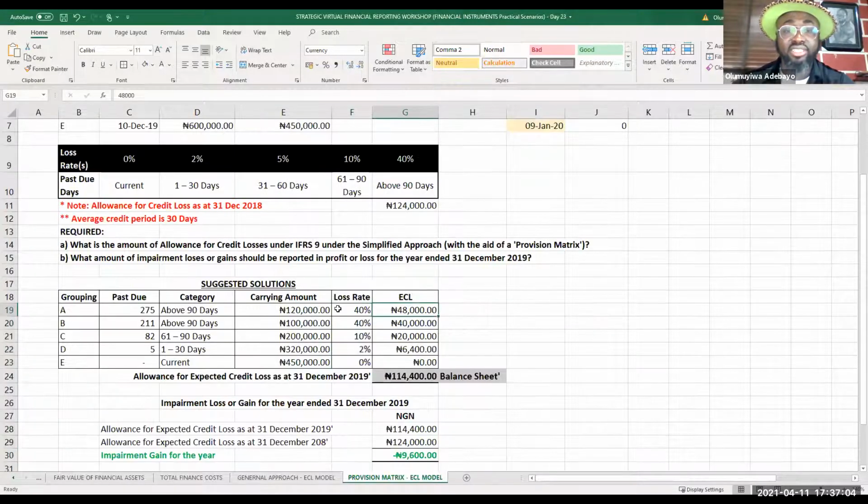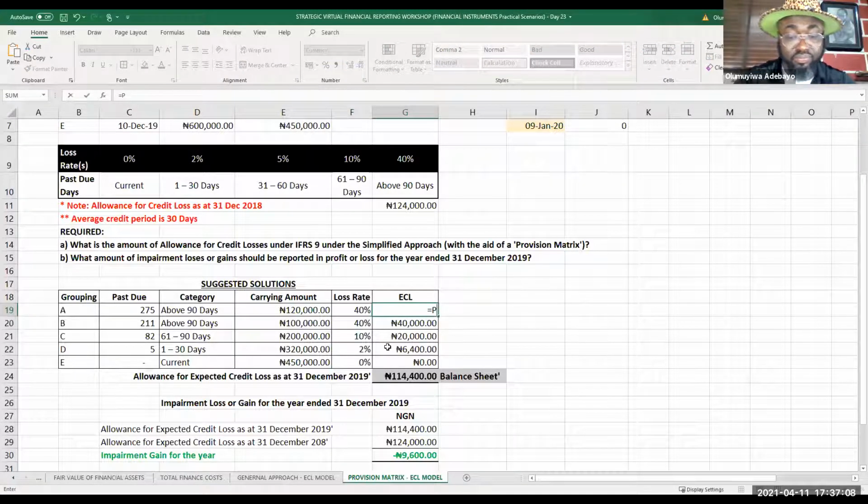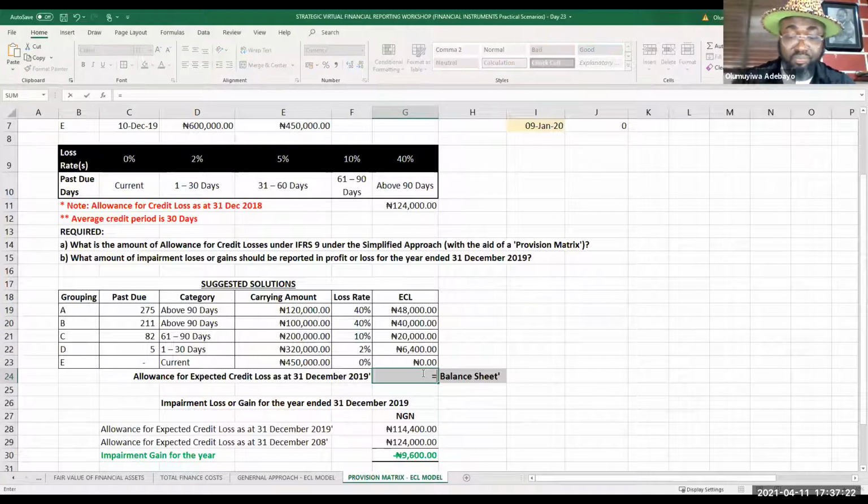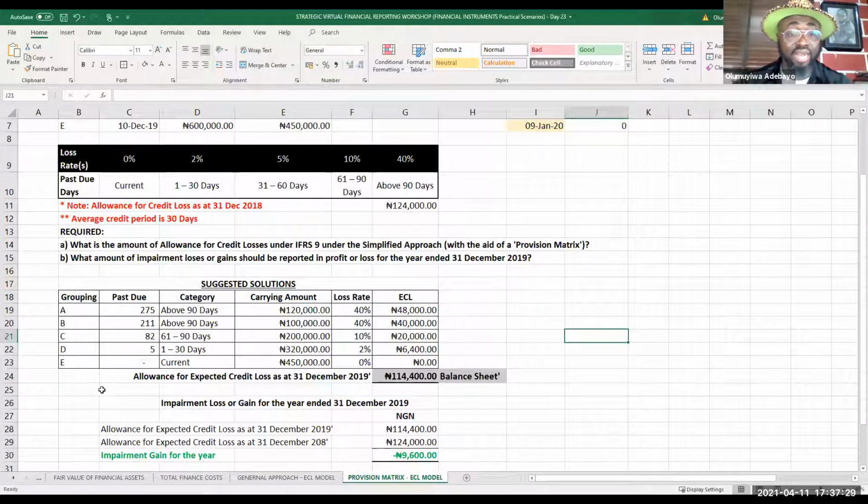And your ECL is the product of your loss rate times your carrying amount, which is your exposure at default. That's what gives us 48. And that gives me this. Therefore, I can sum up. And the sum is what gives me this. Therefore, this is our allowance in 2019.